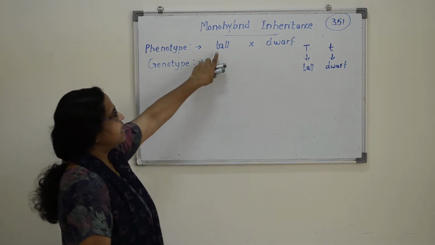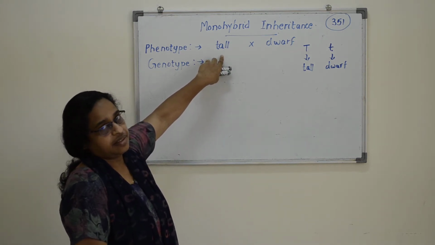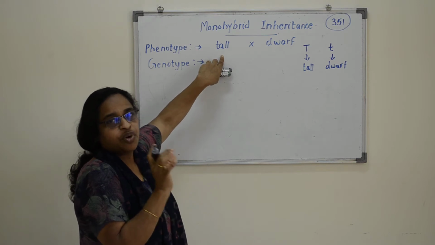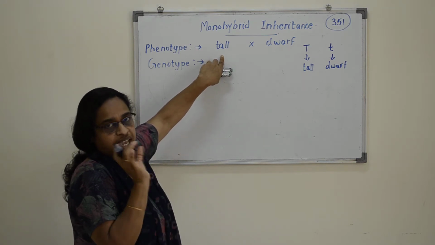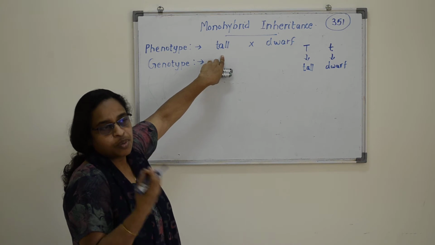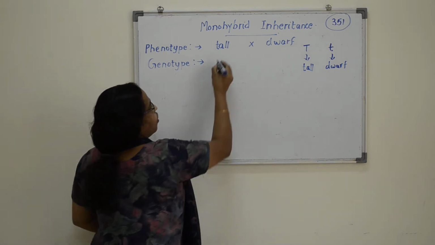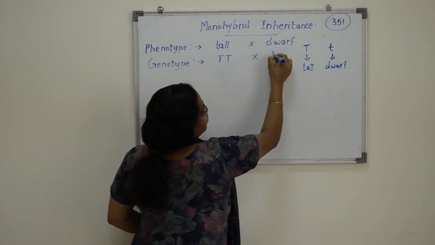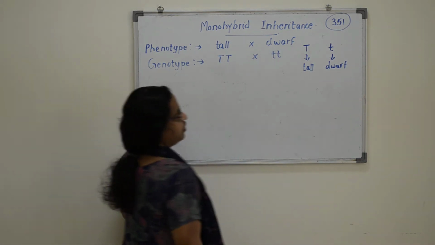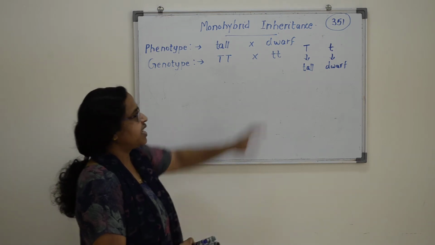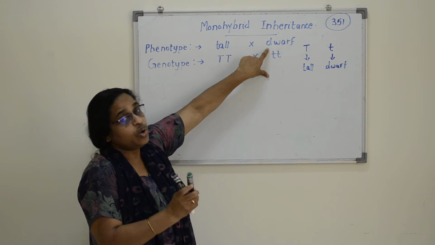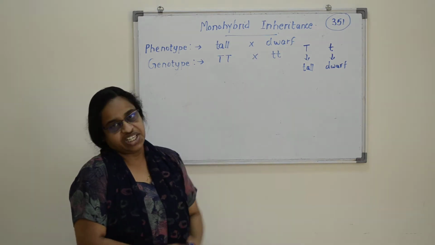The genotype is pure breeding. Pure breeding means there is no adulteration. That means both the alleles are the same, or we can say homozygous. Homozygous tall and homozygous dwarf. There is actually no need to say homozygous dwarf, because dwarfness will be expressed only in the homozygous condition.